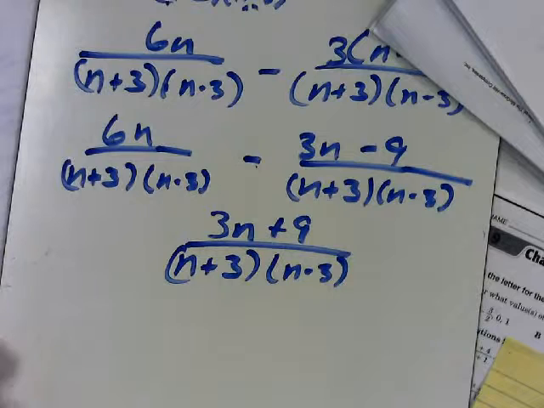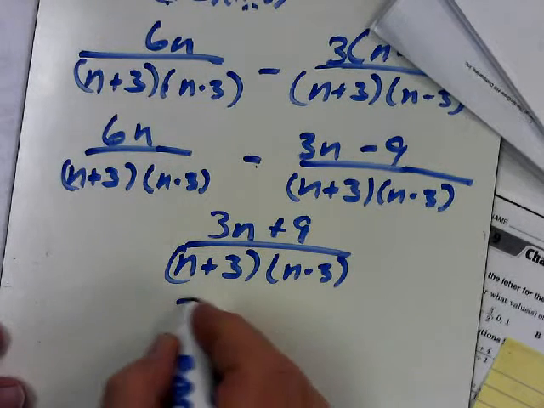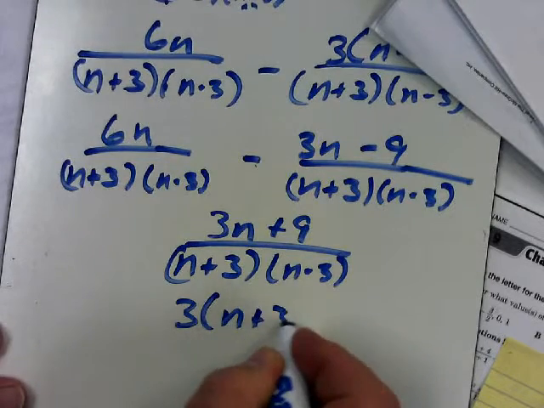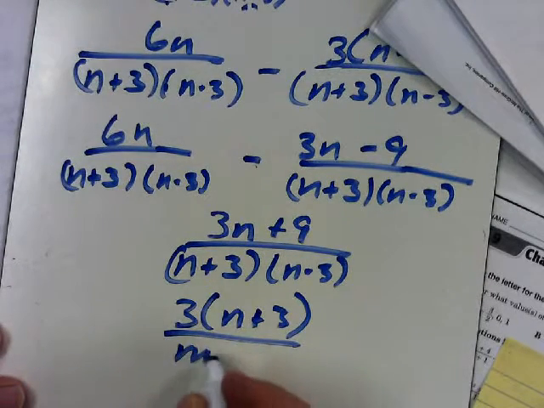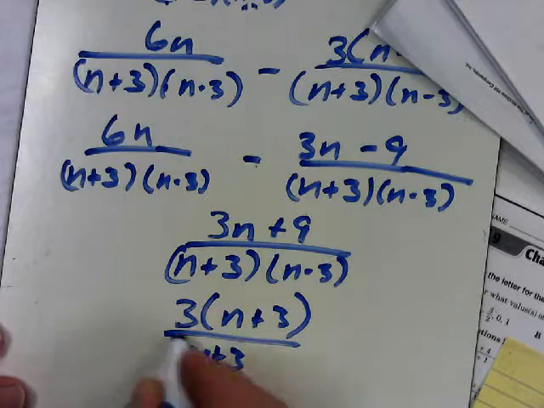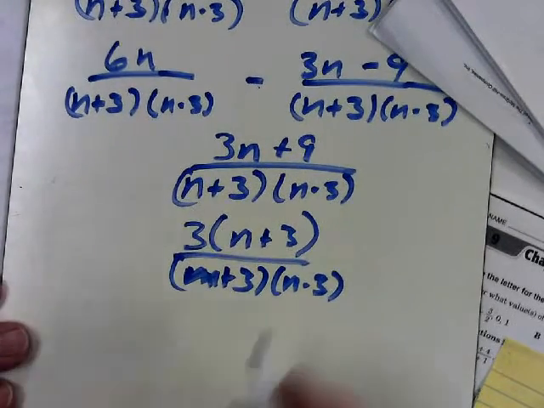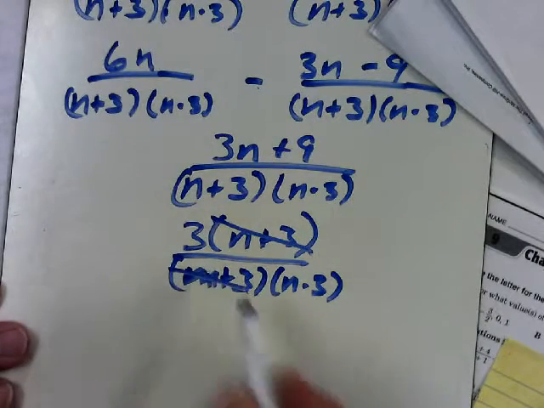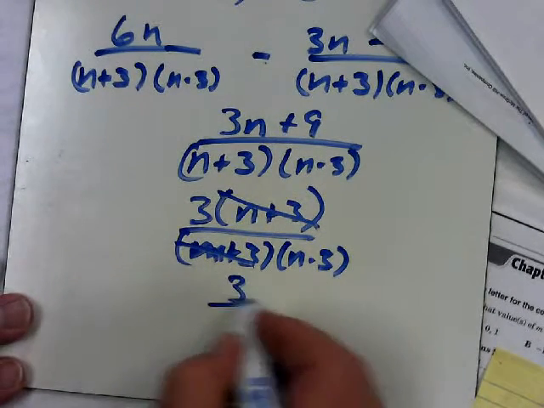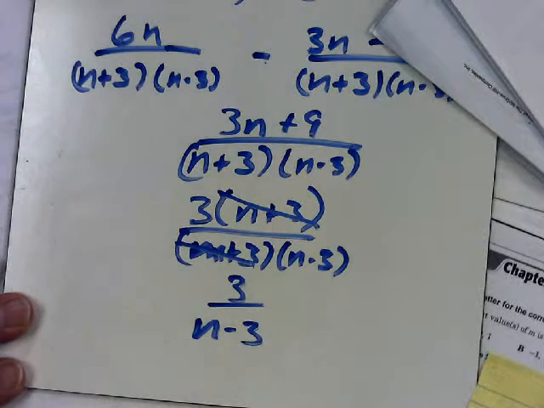Can I take a common factor out of the 3n plus 9? 3. By taking out that common factor, this will cancel this. I'm left with 3 over n minus 3.